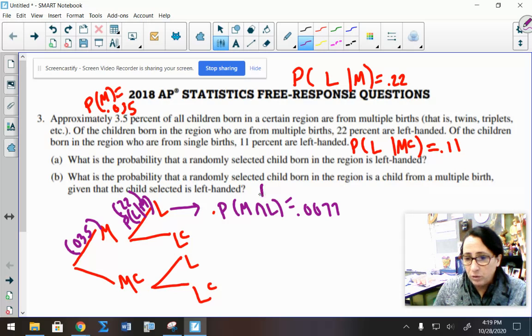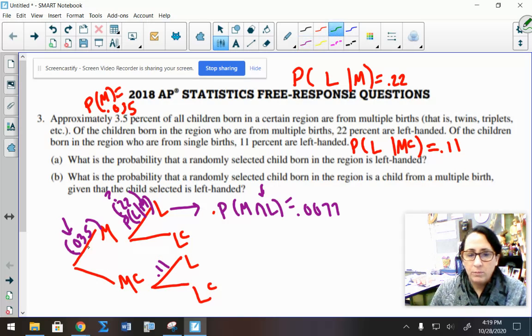Sometimes in this tree they may give you the "and" probability and one of the branches. If they ask you to find the branch, then instead of multiplying I'd have to divide the "and" by the other one. It just depends on what they give you. They also said that given we are not multiple, the probability of left-handed goes right here. Then I can get the rest of the tree because these add up to 1.